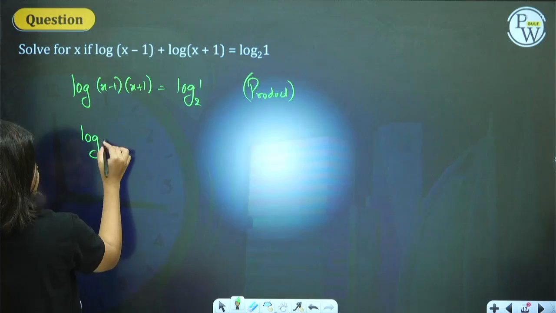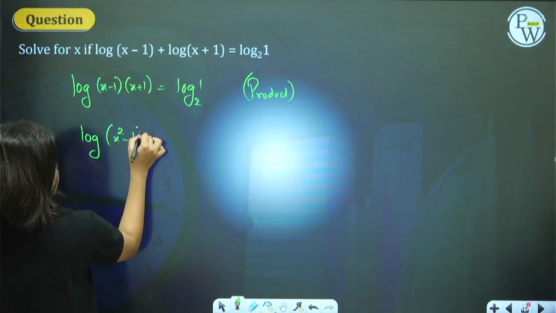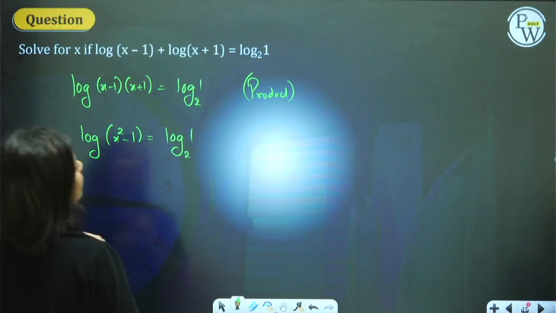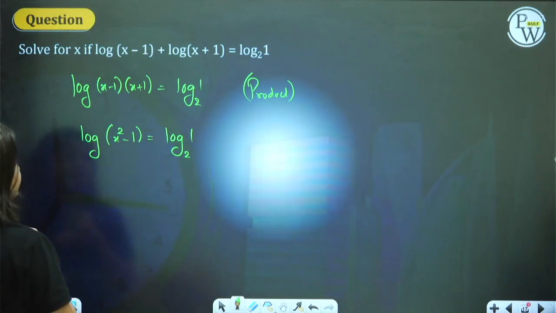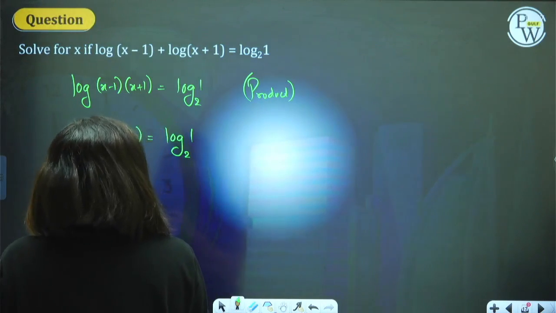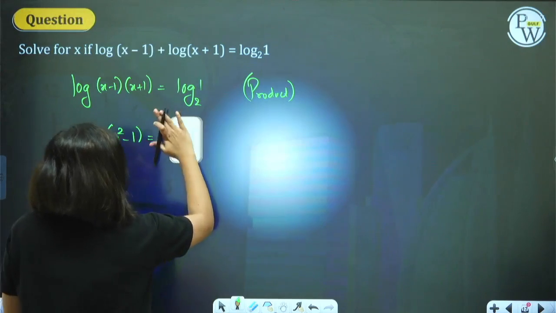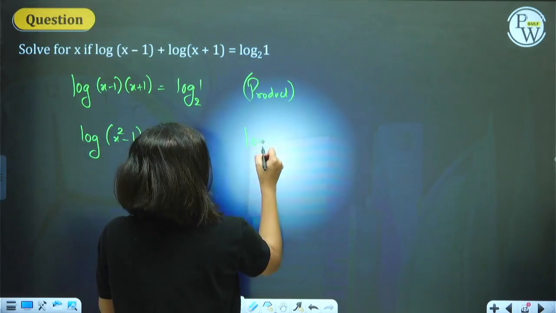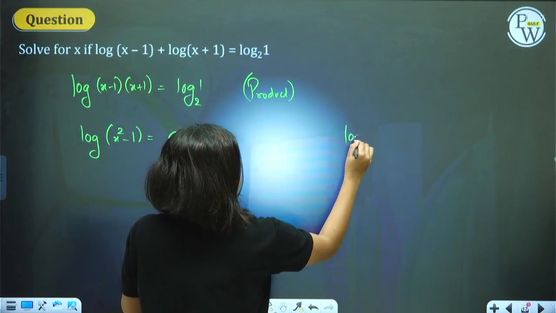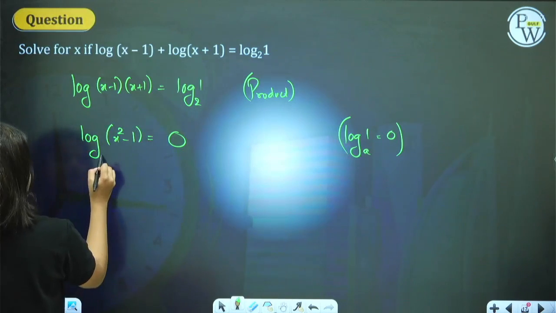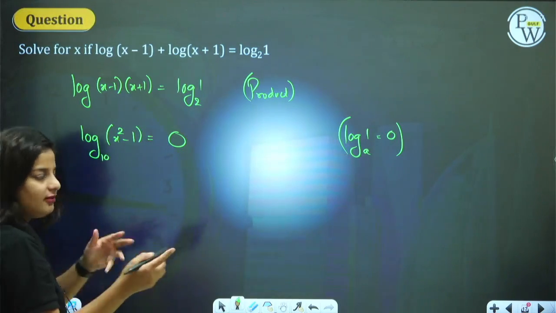Next, a minus b into a plus b is a square minus b square, so x square minus 1 is equal to log 1 to the base 2. Right? Next, this base 2 is something misleading. Log 1 is always what? 0. We know that log 1 to any base, you take any base, the answer will be 0. Here, what is the base? If nothing, it means 10.